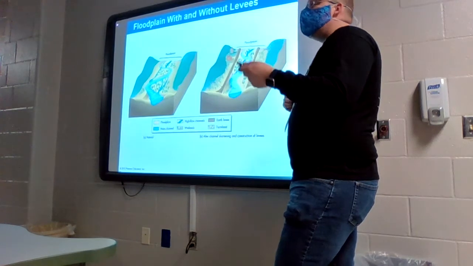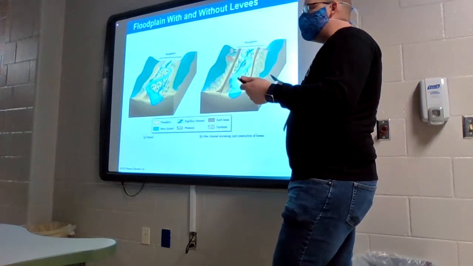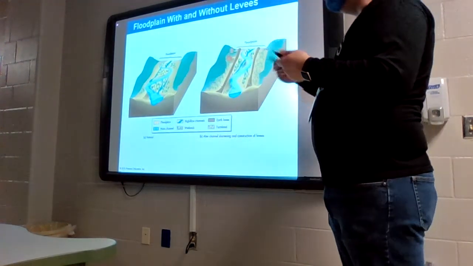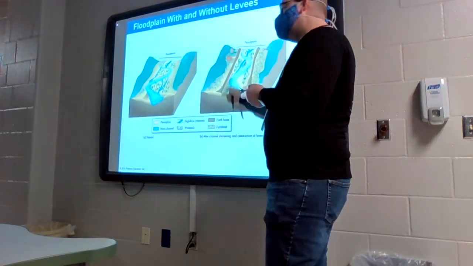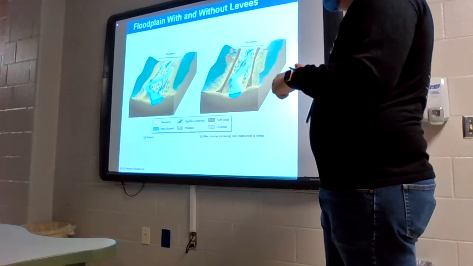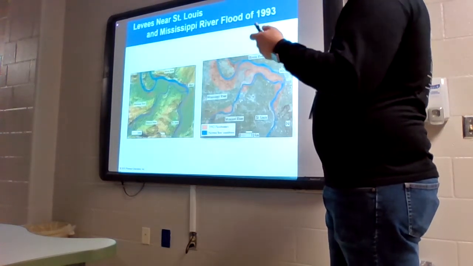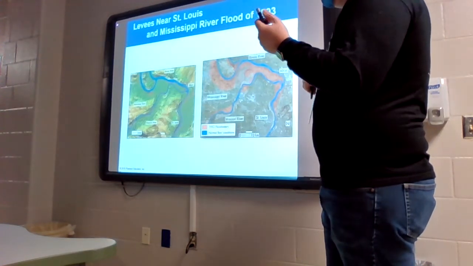So you got to plan for the unlikely. No matter how unlikely it is, you got to have some plan for it if it's important for people's property and people's lives. So we build these floodplains to try to keep the river in. It works most of the time, but when it doesn't, it's an epic failure.